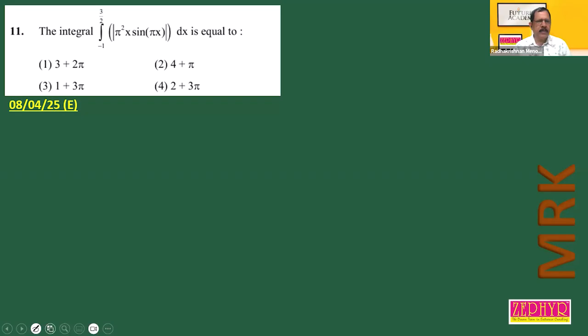Now, I equal to. We can take pi square. Pi squared is a constant, and it is positive, so we can take it outside the integral sign. So pi square. We can write it as two integrals.